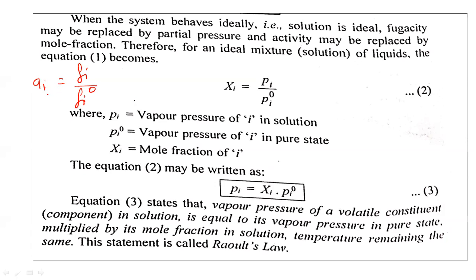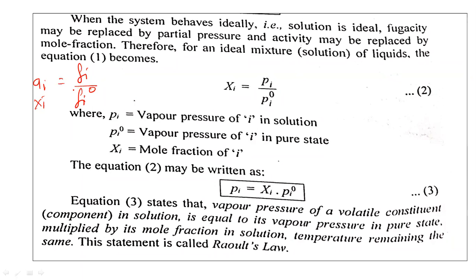If the solution is ideal, fugacity may be replaced by partial pressure. For gases, we can express concentration in terms of pressure. Activity is replaced by mole fraction, Xi, which is possible if the solution is ideal. If the solution is not ideal, then we cannot do this.